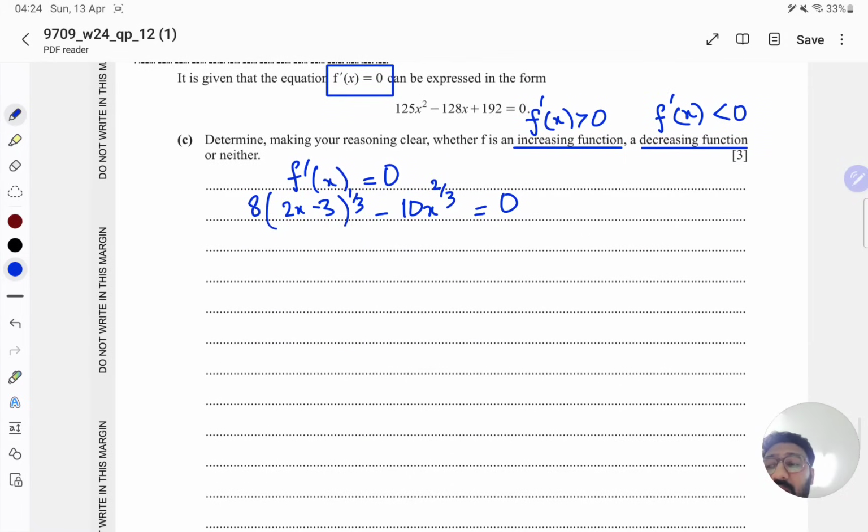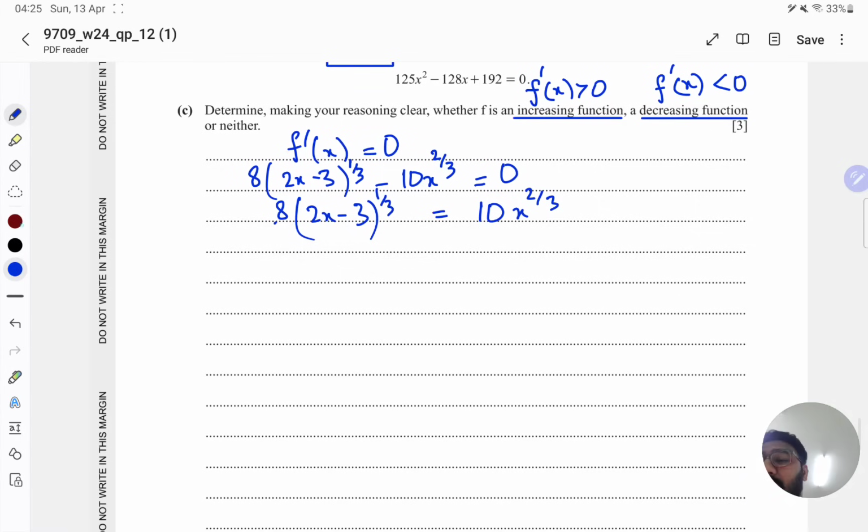Now we can simplify it further, and for simplification we can write 8 bracket 2x minus 3 whole power 1 by 3 equals 10x power 2 by 3.